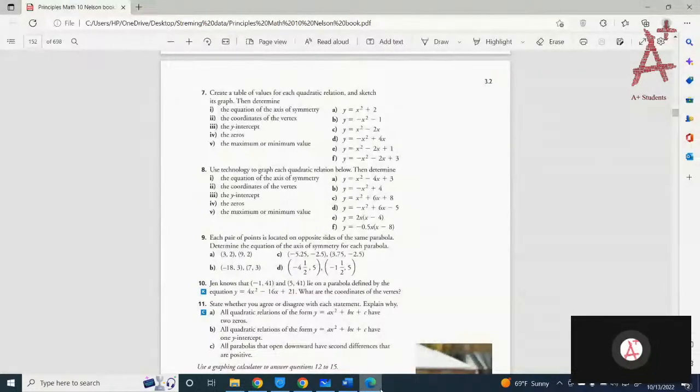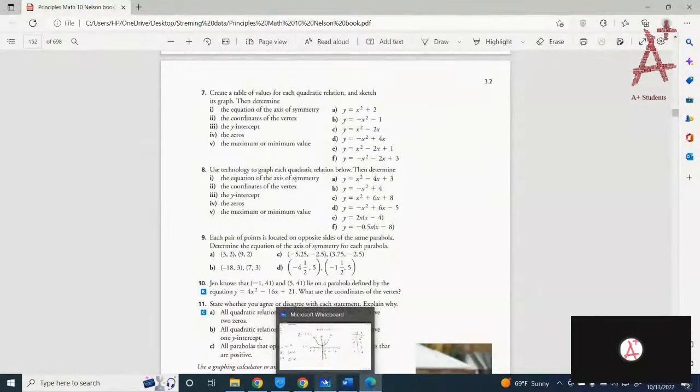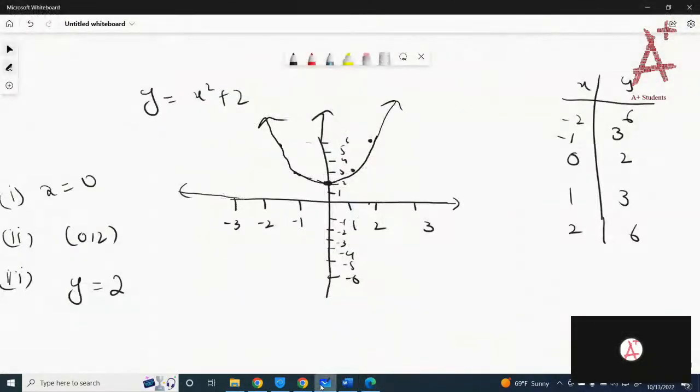Okay. So then what are the zeros? For the fourth one, you have to calculate the zeros. Since the graph is opening upward and its vertex is above the x-axis, the graph is not touching any point on the x-axis. See, the graph is just touching the y-axis. So you have no zeros. Got it?